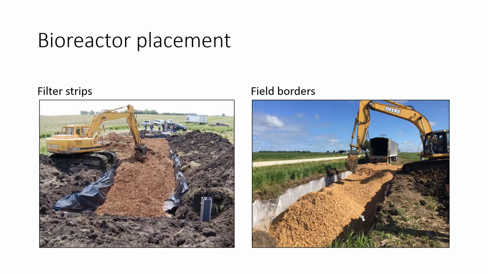So, like I mentioned before, you can connect on submains entering into a larger main in some of these drainage district areas. And as long as the landowner is willing to dedicate the treatment area that's involved, about 100 feet long by 20 feet wide for the bed of wood chips, you can make them work in that landscape position.